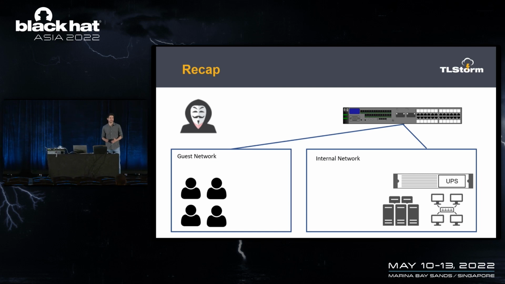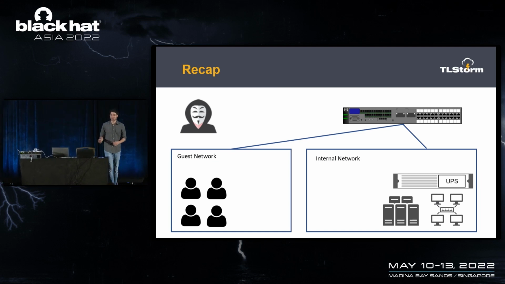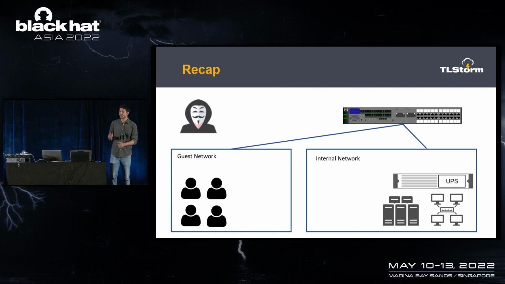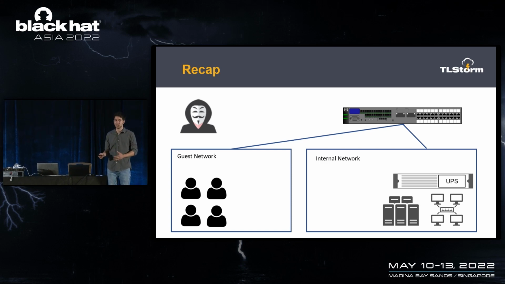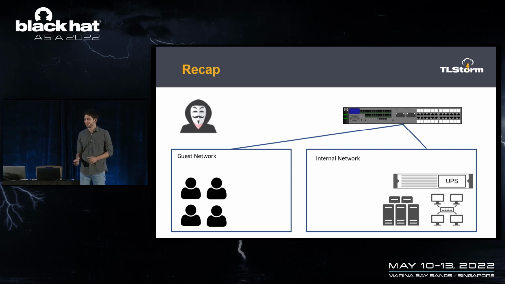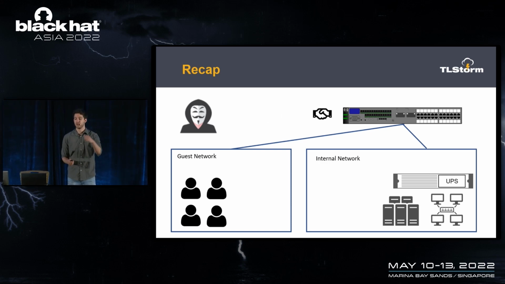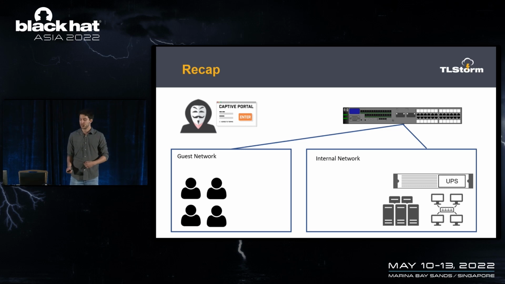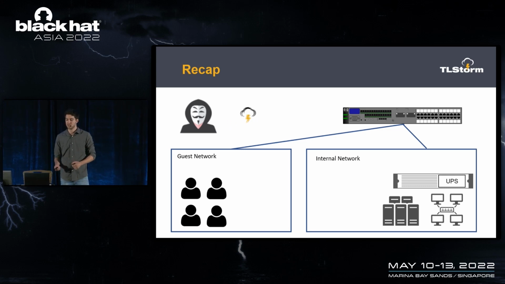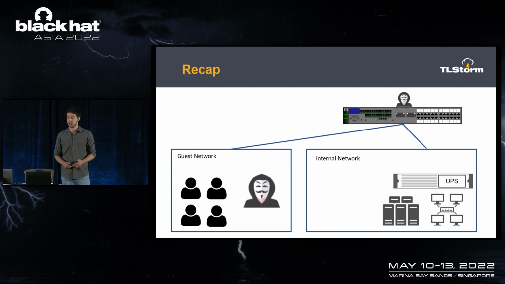So after this exciting demo, which you just saw, let's recap how it looks from the network perspective. First, the attacker will try to enter the network through the switch and will be prompted with a captive portal interface. From there, they can respond with this beautiful logo and take over the switch and just enter the network without any problems.